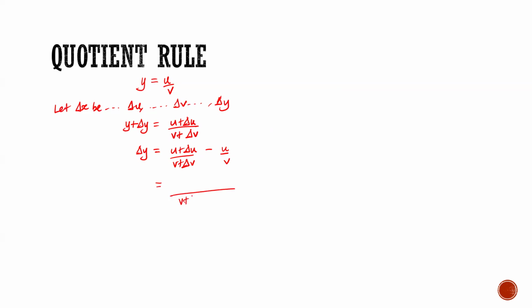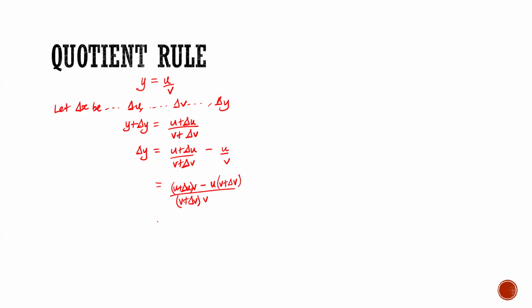Or if we subtract y from both sides, what we know is that our y is just u out of v. If we try to make this a single fraction, we'd have v plus delta v times v in the denominator, and then u plus delta u times v minus u times v plus delta v.